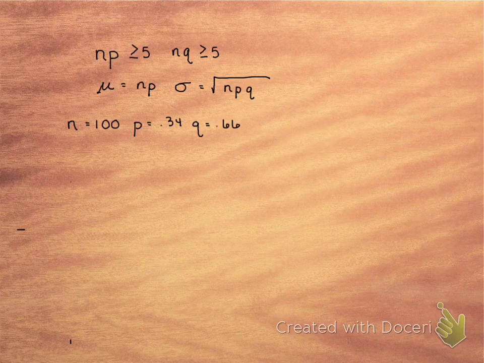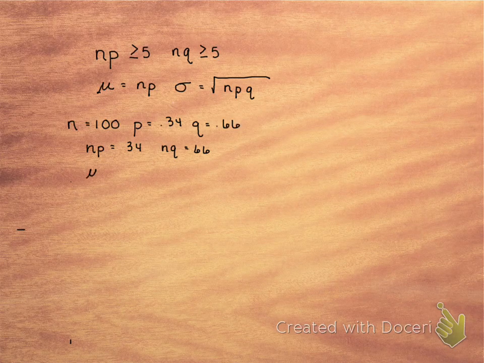0.66. That's our n, p, q. Now, if we can use a normal distribution for this, n times p has to be greater than 5. Well, n times p is 34, and n times q also has to be greater than 5, and n times q is 66. So the normal distribution to this binomial is possible because those two values are greater than 5.